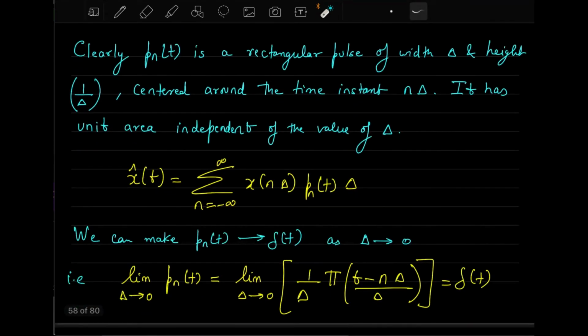What you observe is that as you move your delta towards 0, as you make the pulses thinner and thinner, in the limit when delta tends towards 0, this expression over here becomes an impulse function.